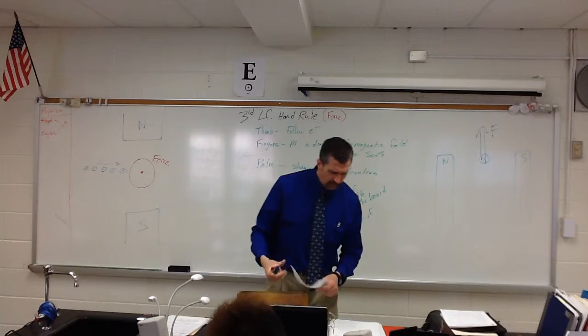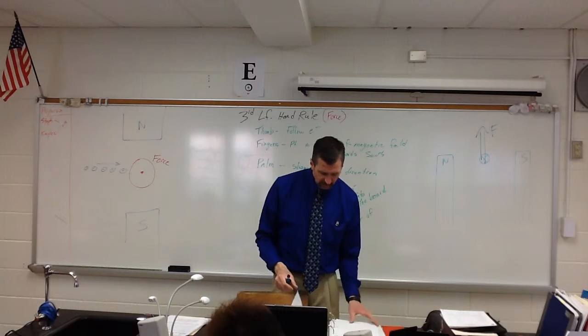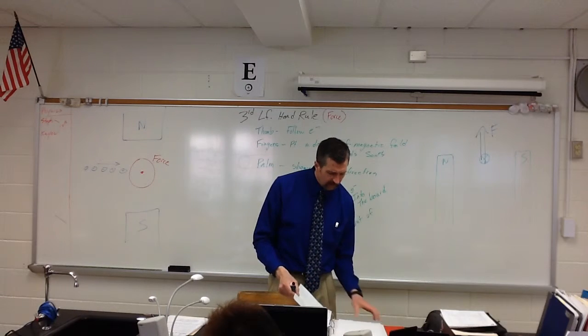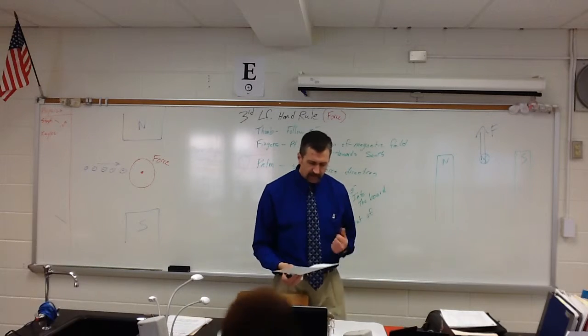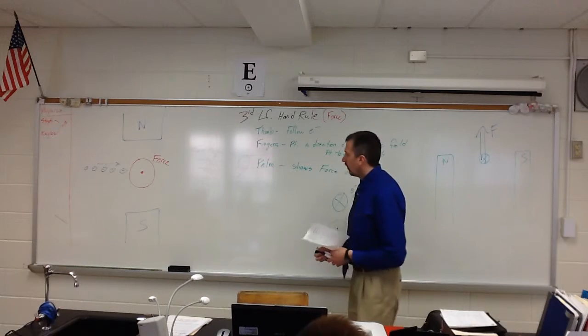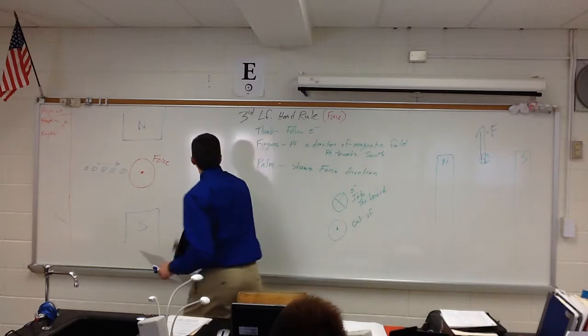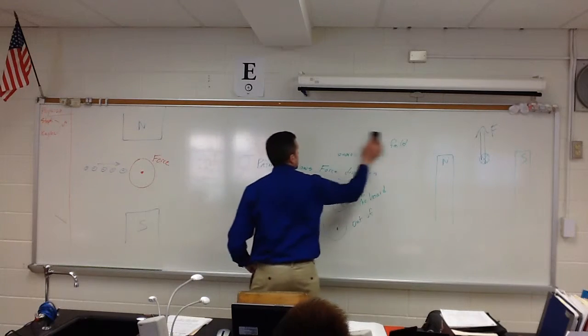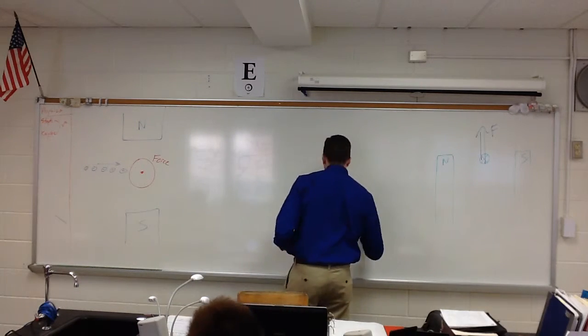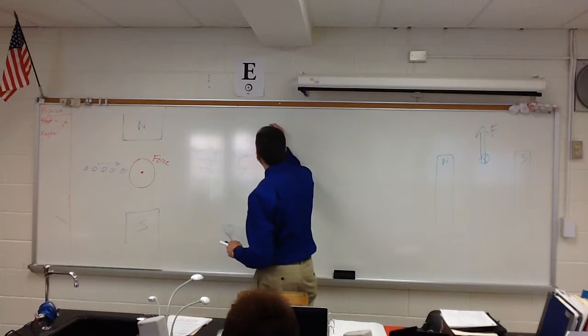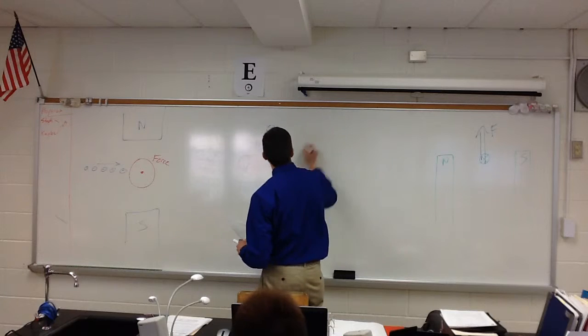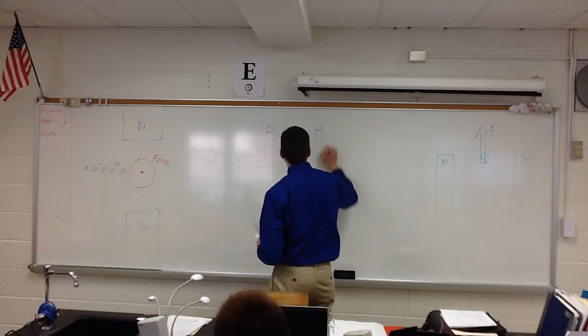Alright, now before we move on from this, there's one other thing that's not really a third left-hand rule, but has a lot of application, and I want to draw it for you, see if it makes sense. Say you had two wires, and these two electrical wires are running parallel to one another.